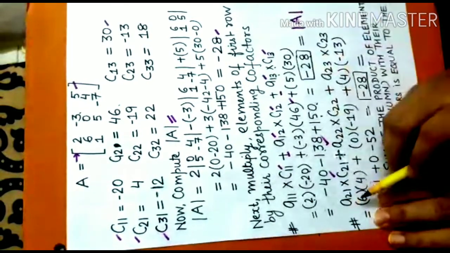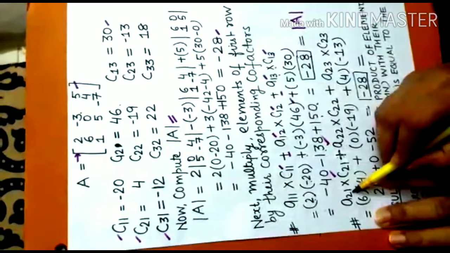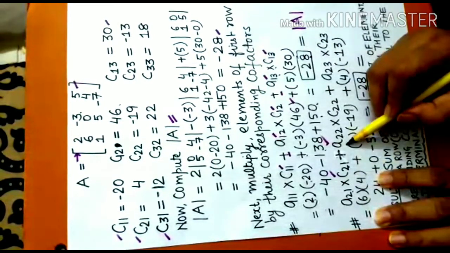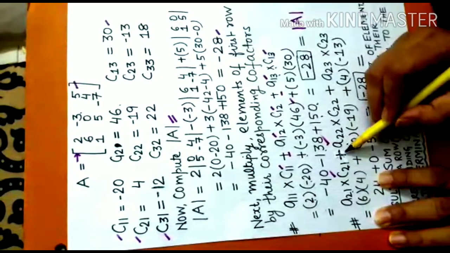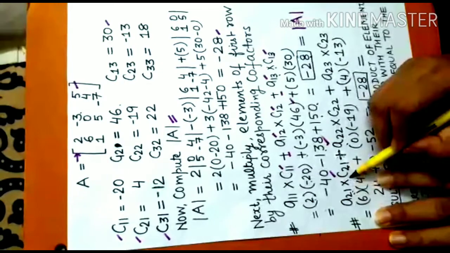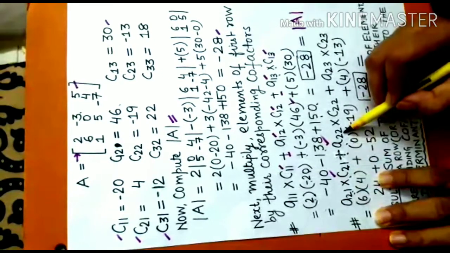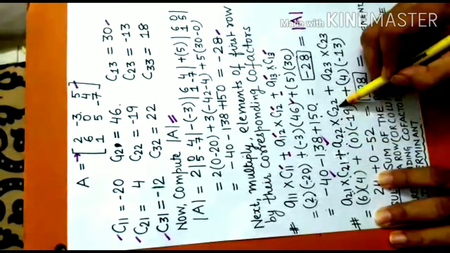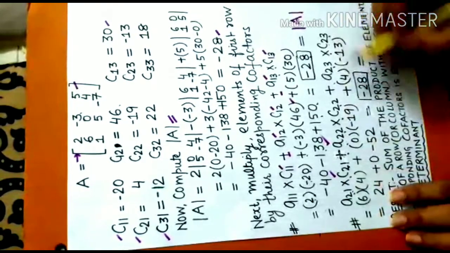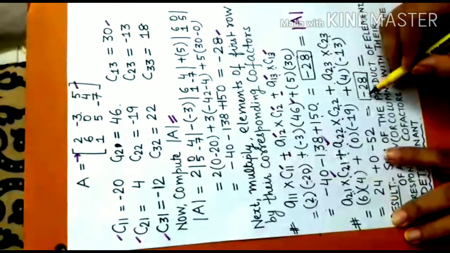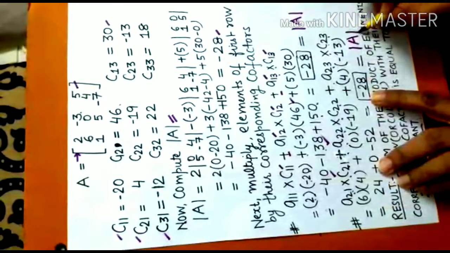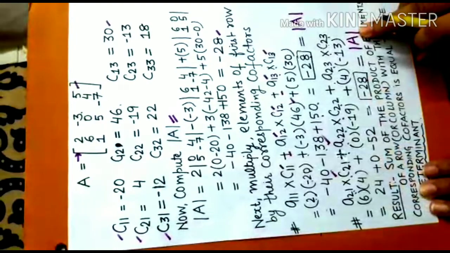Similarly, if I multiply the elements of the second row with their corresponding cofactors and add all the products, that is A21 into C21 plus A22 into C22 plus A23 into C23, again I'll get the value -28, which is equal to the determinant of the matrix.